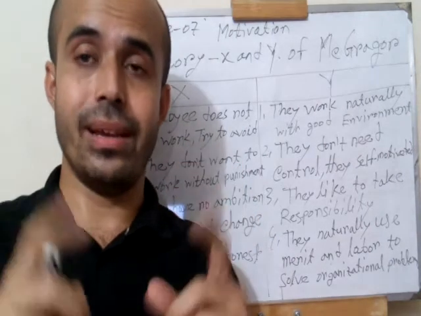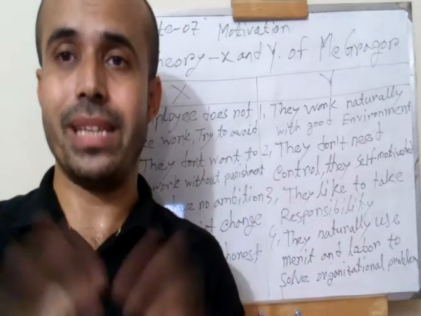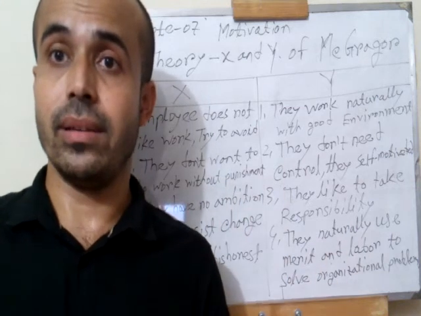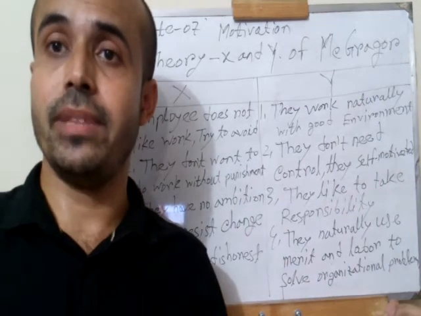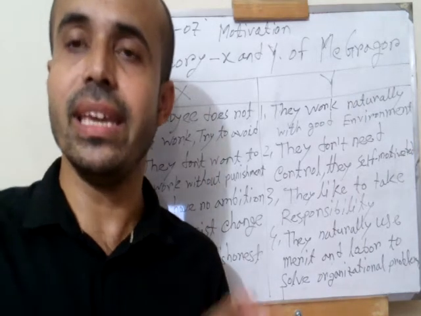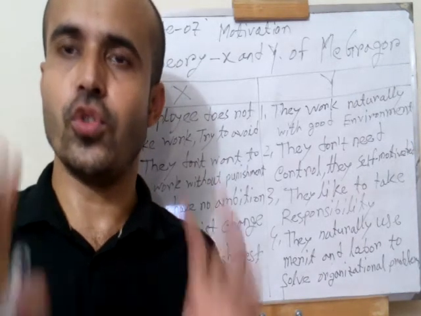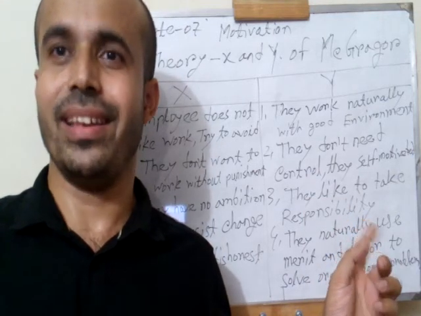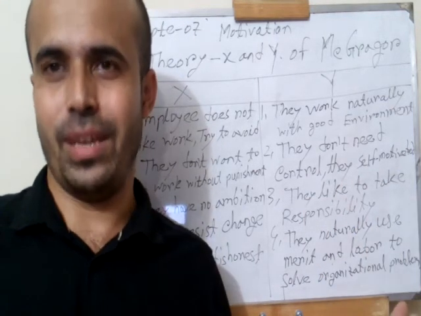They will be tense. How can I solve it? How can I solve it? Because they are naturally doing this. So that is the positive thing. If someone is assigned to a post, he or she will try to solve the problem of the organization anyhow. This is the positivity of employees.